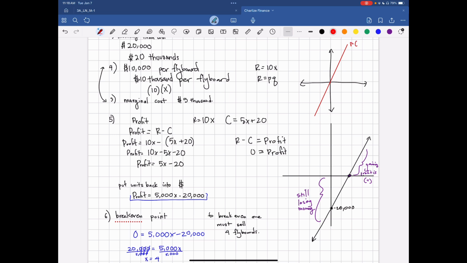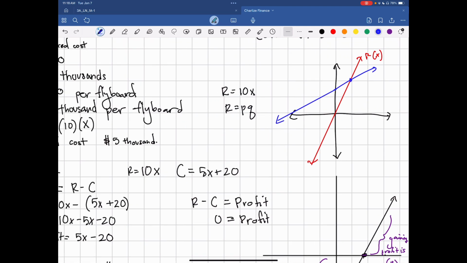I'll call revenue R of X. And let's say this is the cost. There's a point here where you are earning and spending the same exact amount, which makes your profit 0, and that is the point you're looking for.